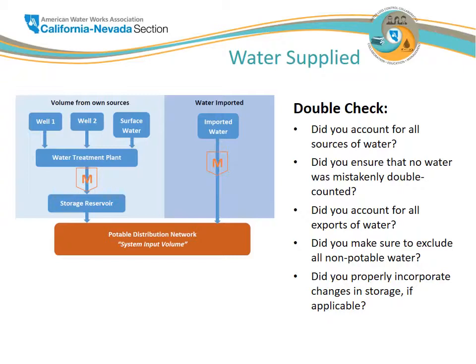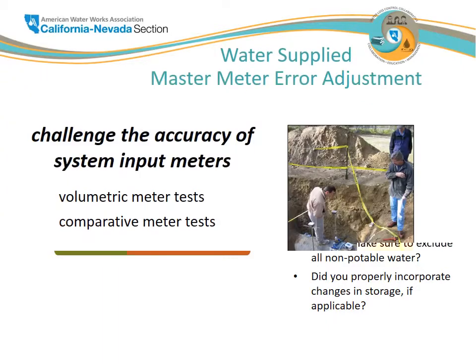In that case, you would have, from the first day to the last, less volume in storage. That would indicate that you've introduced more volume into your distribution system. Those are some of the more finicky elements to understanding this total water supplied volume.